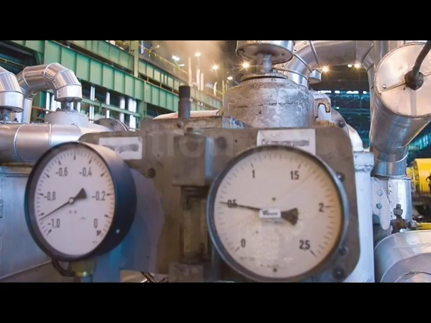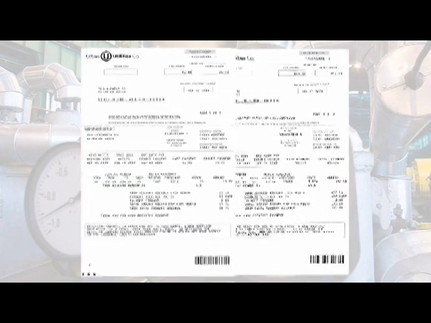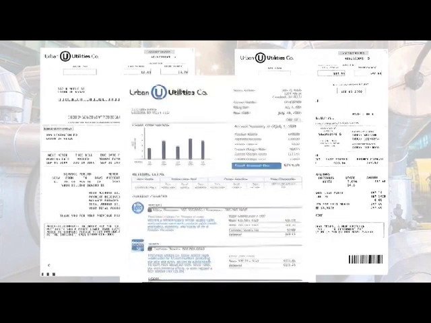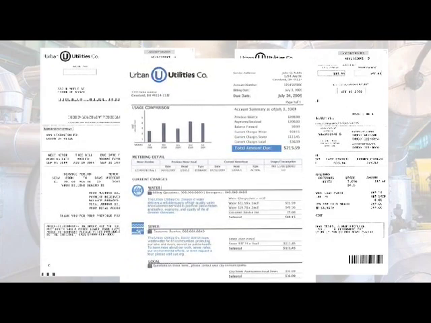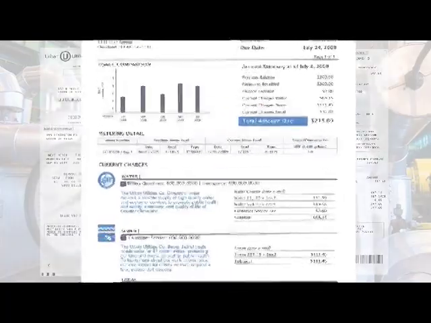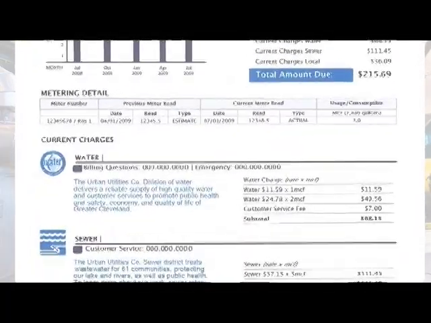It's not unusual to find two separate bills for different services, even when it's the same customer and the same utility company. Here's a water service bill and a sewage service bill. SourceLink's redesign service will take two bills for related services, two forms, two outgoing envelopes, two return envelopes, and two postage costs, and combine them into one easy-to-read bill.